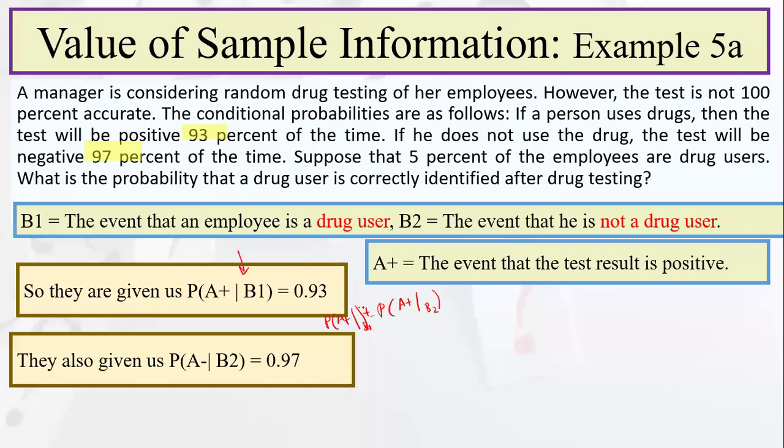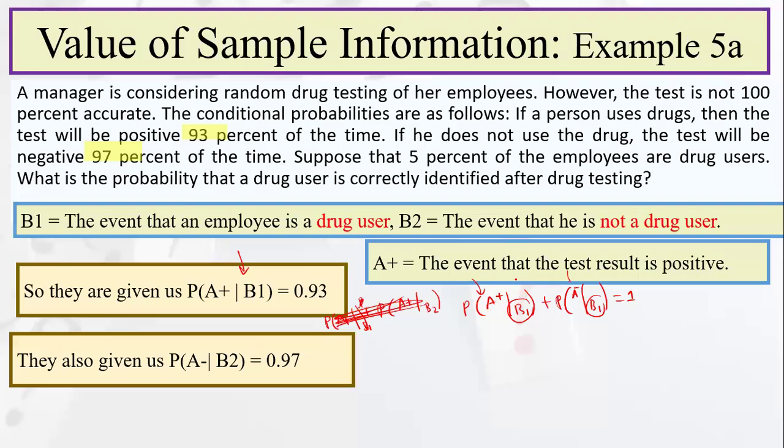Intersection, sorry. This is the probability of A, right? A minus, I should say A minus. Probability of A plus given B1 plus probability of A minus given B1 should be 1. Given B1, either A plus happens or A minus happens.